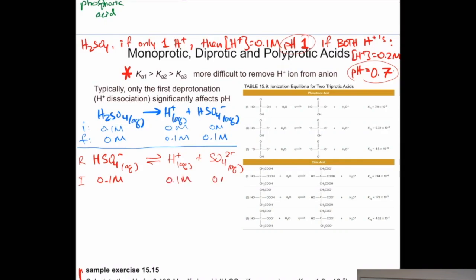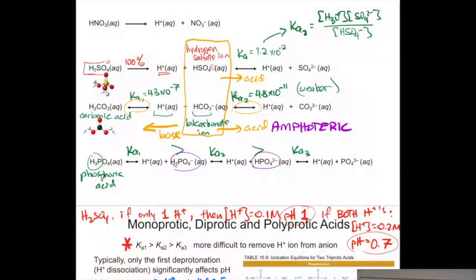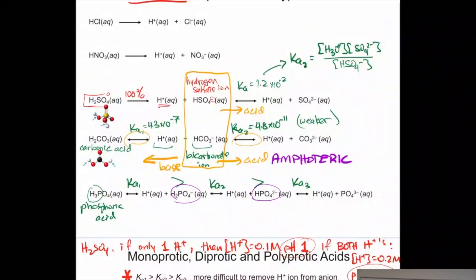And this is 0 molar. Now we need the change. Now, do we need to calculate Q first? And we know what KEQ is. I just didn't remind you of it. KEQ is written right up here: 1.2 times 10 to the minus second. So let's write that back down here.